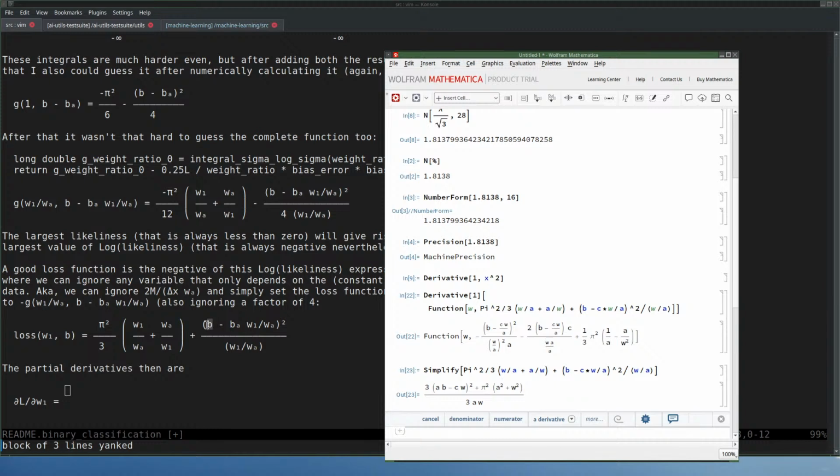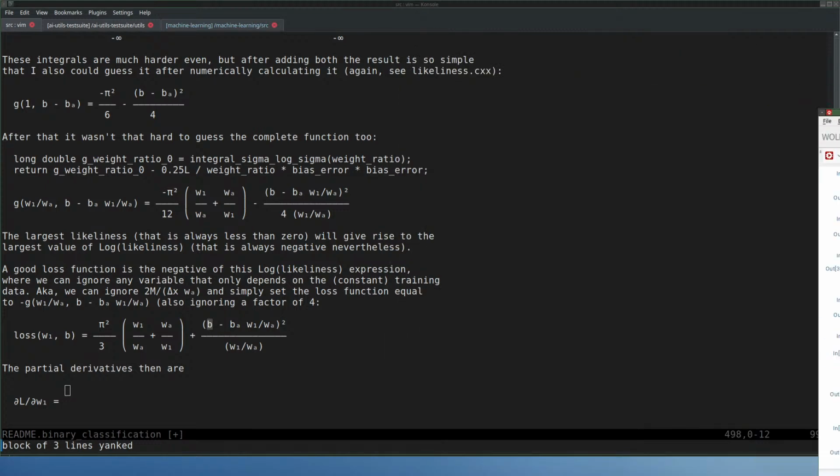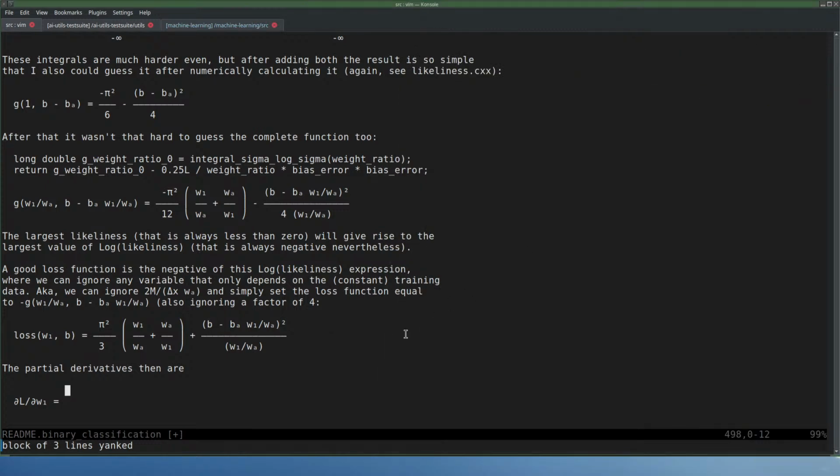So you get BA or AB minus, this was a C, W. Why not also write that down?